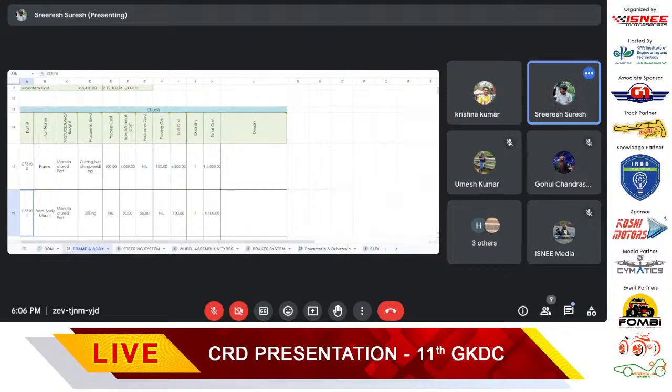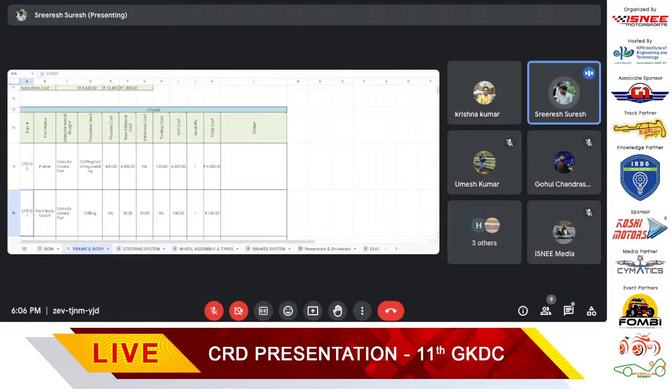Its main process used was cutting, welding, etc. Process cost was around 400 rupees. Raw materials cost 4,000 rupees. Tooling cost around 100 rupees, and unit cost 4,500. Total cost was 4,500. Next part was front body mount.